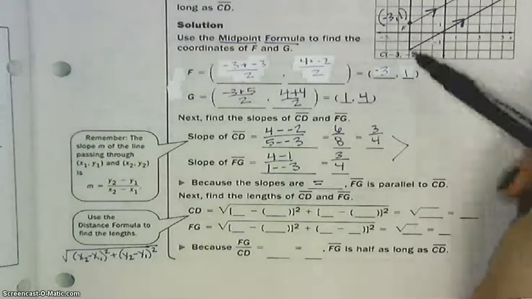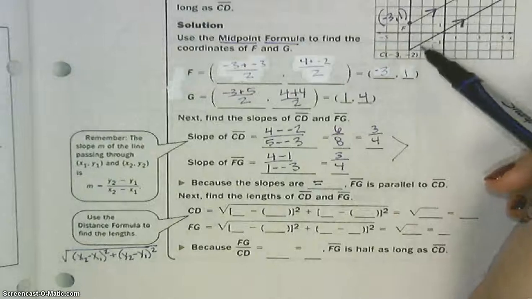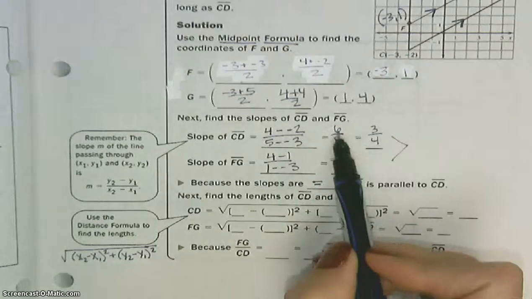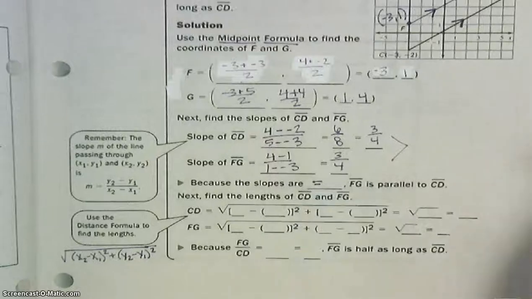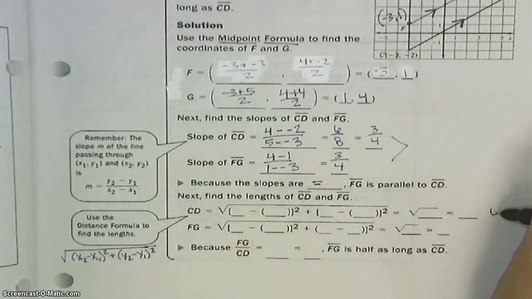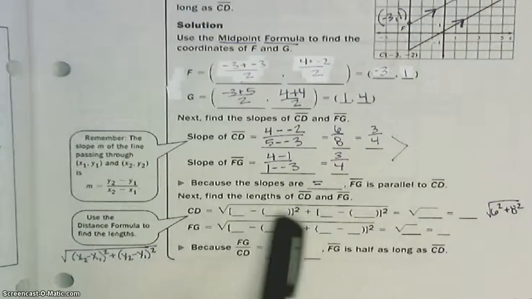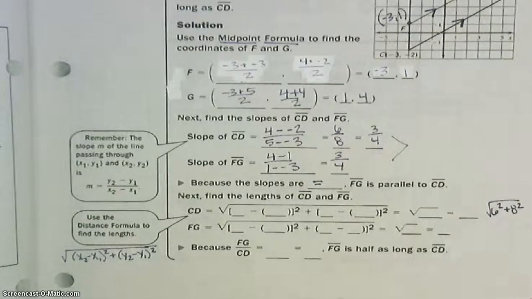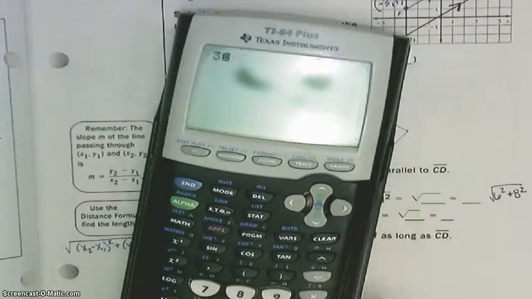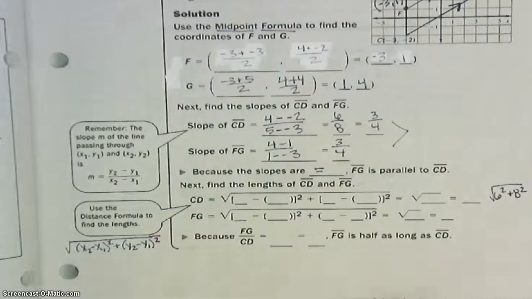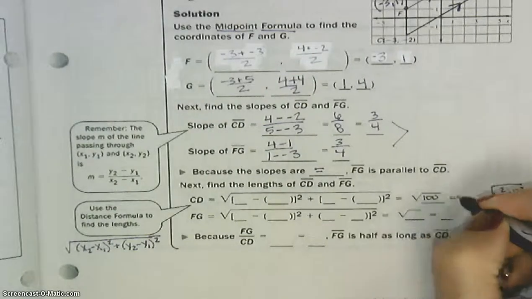So for CD, I already know that the difference in the y's is 6, and we already know the difference in the x's is 8. So we can just do 6 squared plus 8 squared. You can fill all this in if you want, but let's just make our life a little bit easier. That's 36 plus 64, which is 100. The square root of 100 is 10.